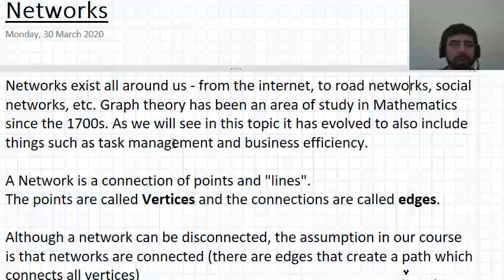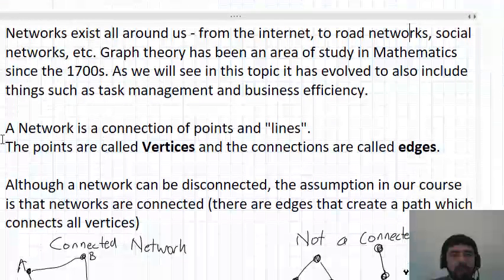I did some graph theory at uni and I find it quite enjoyable. Graph theory flows on into things to do with task management, prioritizing activities in an order that makes sense, and of course that leads to efficiencies and money saving.